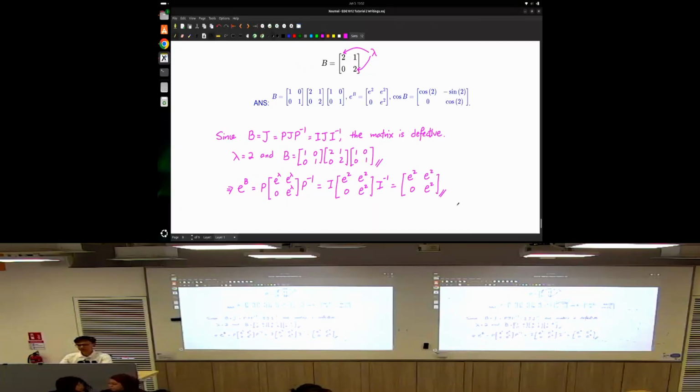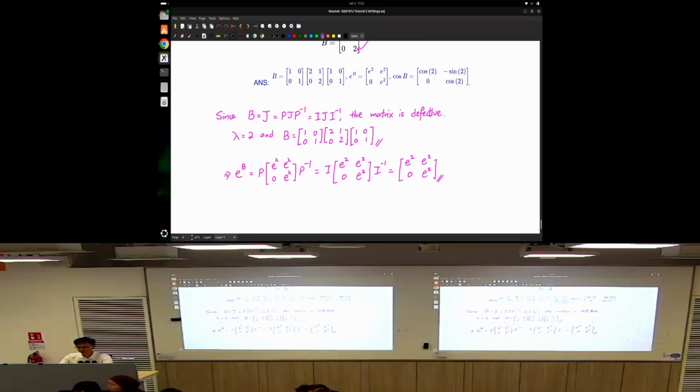Similarly, the same approach extends to the cosine of B. Same thing. Cosine of B must be I times cosine lambda, cosine lambda, 0. Then this part must be the derivative of cosine, so this one must be minus sine lambda.